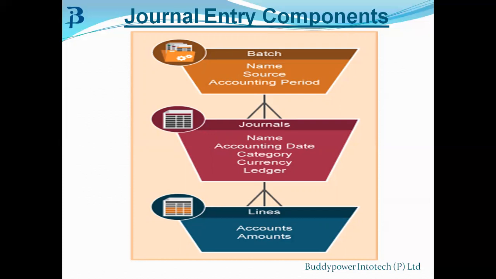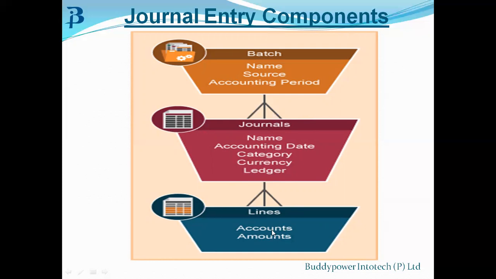The next component is your journal, which requires a name, an accounting date, a category like your salary account or sales account, and the currency, whether it's your functional currency. Currency is the currency of your country in which you do your day-to-day transactions, and your ledger. These are the basic requirements for the journals.